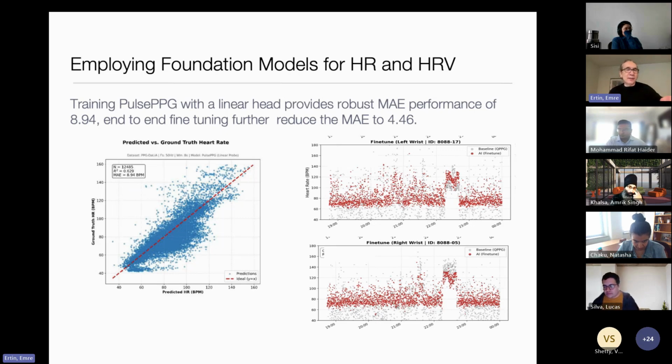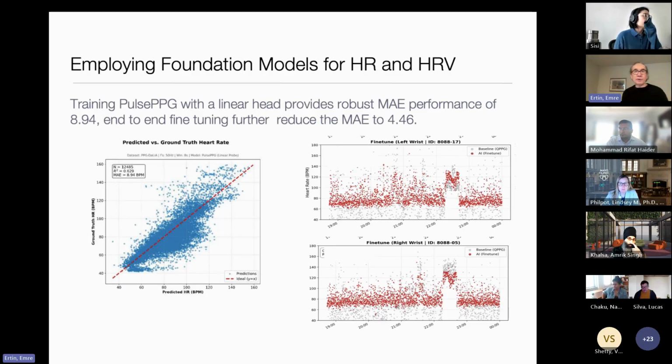We see that the y-axis is the ground truth, the x-axis is the predicted heart rate, and they are somewhat in good agreement. Of course, there is some error for field data, which is about 8.9 beats per minute in the mean absolute error sense.